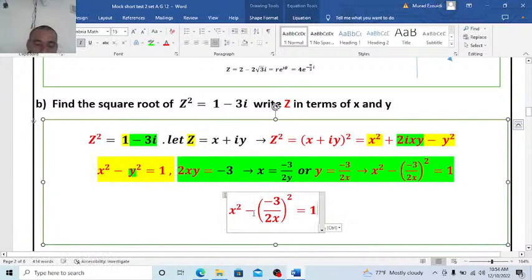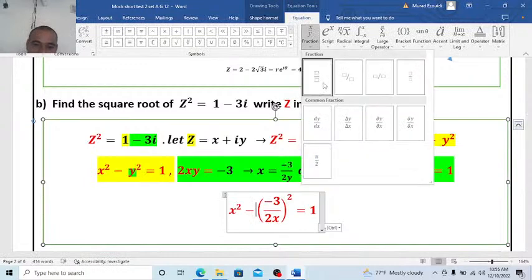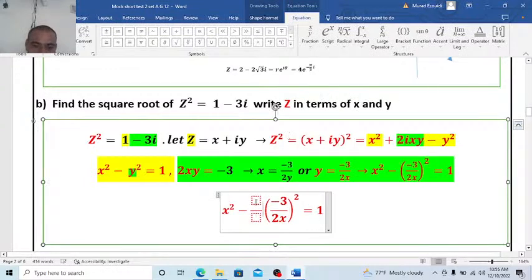So here, learners, we told that x square minus this one, 3 square is 9. I will just write here 9, or I will make another bracket or another fraction. Okay, this is 9.